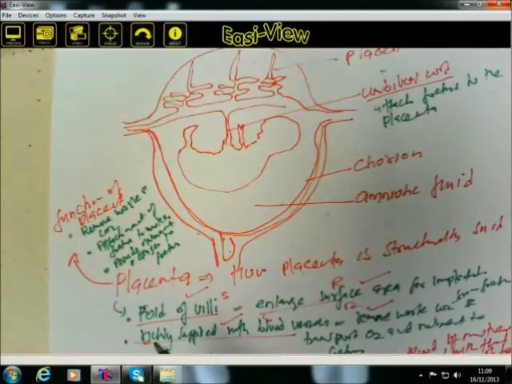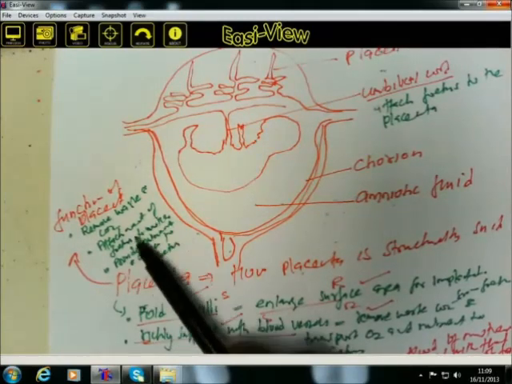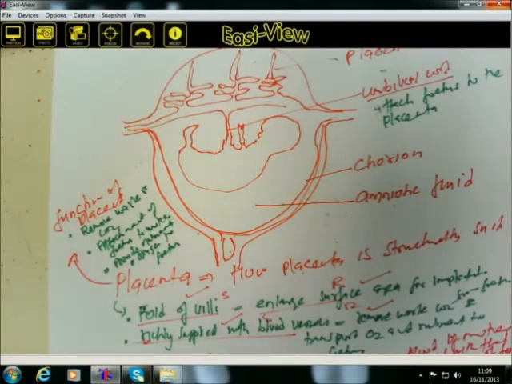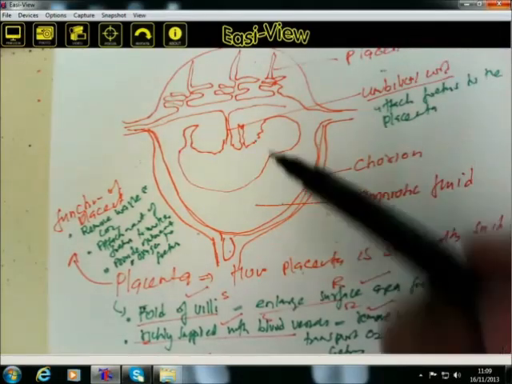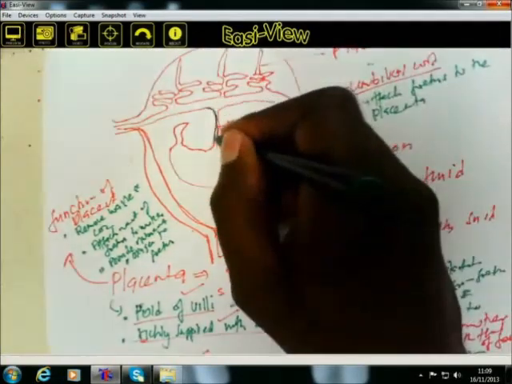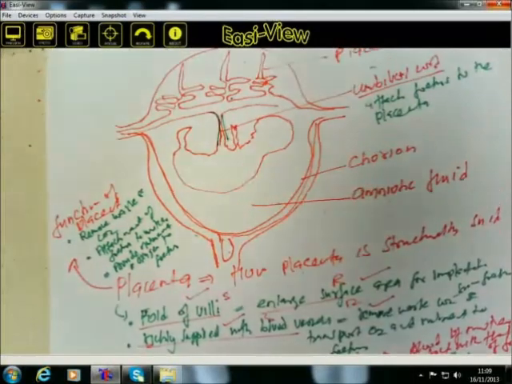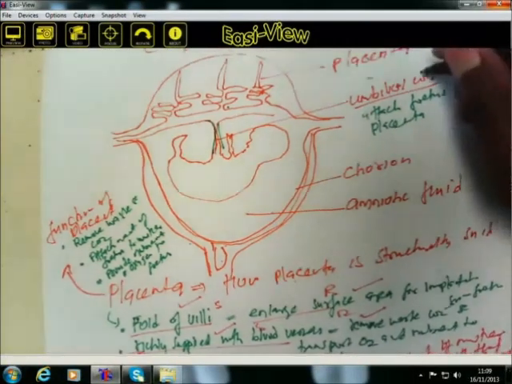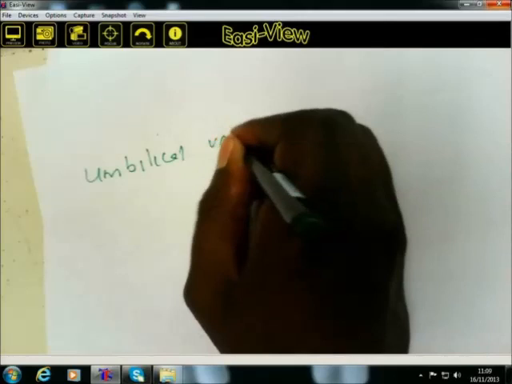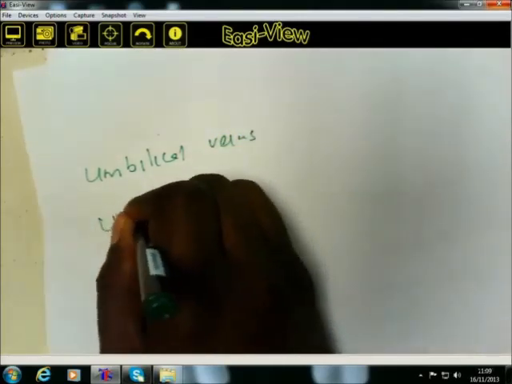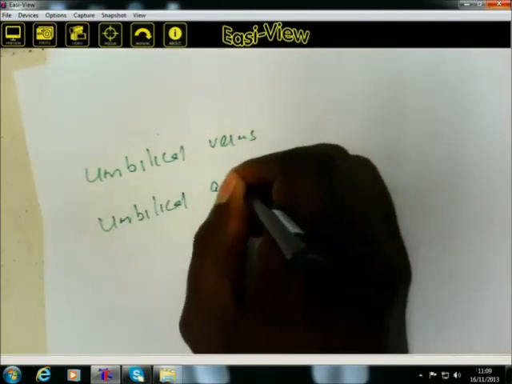I said the placenta attaches the fetus to the mother or to the uterus, but the umbilical cord attaches the fetus to the placenta. Now this umbilical cord has an umbilical vein and umbilical arteries.